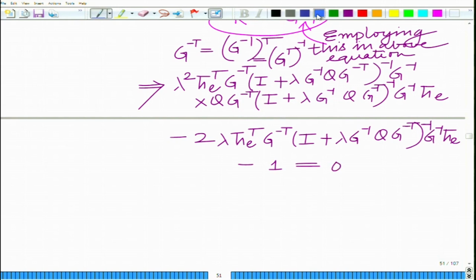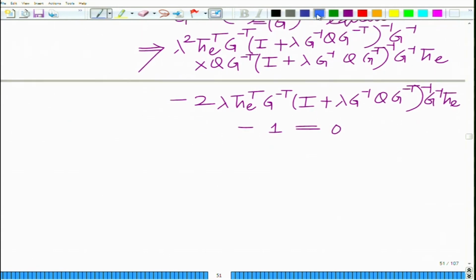So, this is the equation that you get after you substitute R equal to G G transpose.